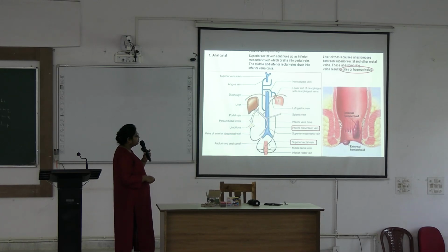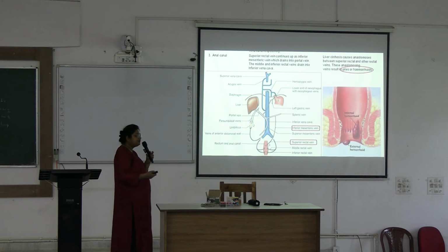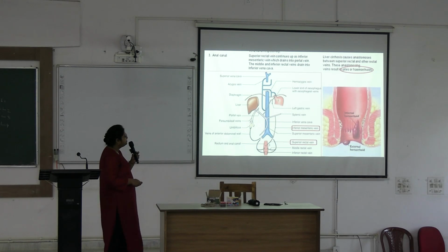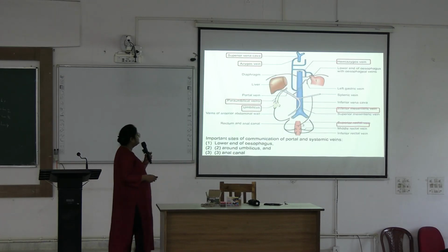And in case of portal hypertension, there will be dilatation of this vein and piles. This is internal pile above the pectinate line and Hilton's line, and this is external pile below the pectinate line. Internal pile is painless due to autonomic supply, and external pile is painful. Okay, they are due to somatic nerve supply, changes in nerve supply is there.